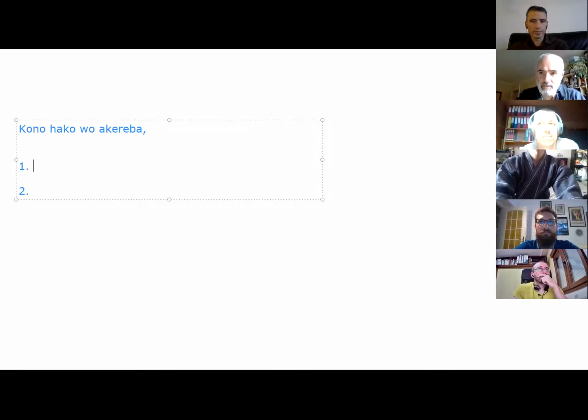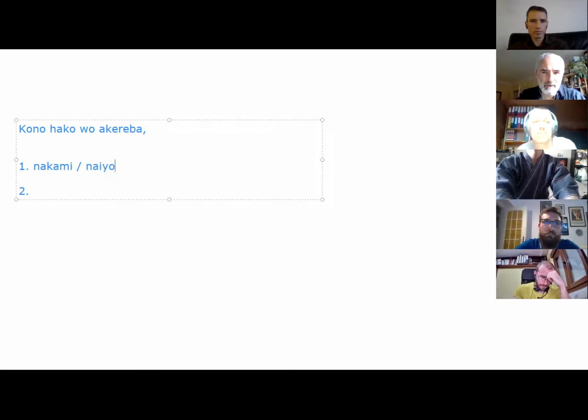So the contents, there's two ways of saying this. There's nakami or naiyo. These both mean contents, but they're used slightly differently. Nakami means any physical, tangible object which is inside something else. That's the contents. So this has to be a real solid object.